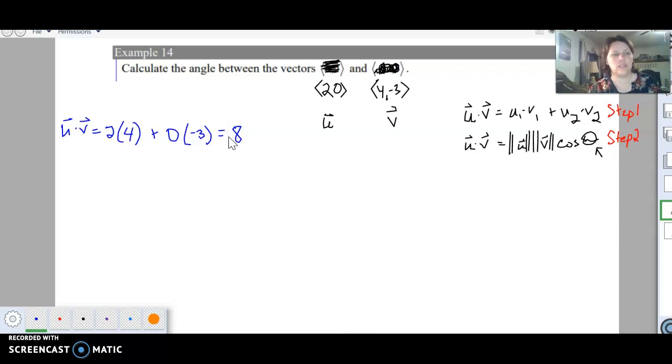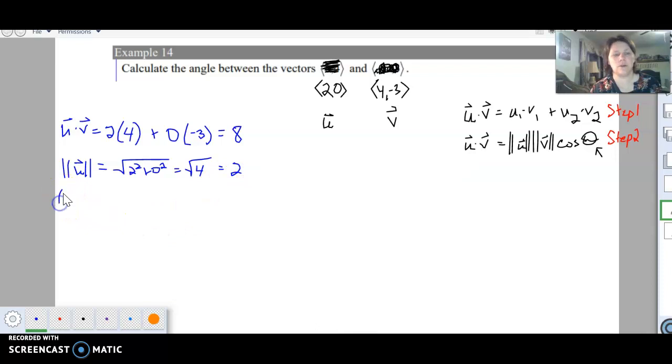Second step, we need to find the magnitude of vector u. So that's going to be the square root of 2 squared plus 0 squared, which is going to equal the square root of 4, which then equals 2.